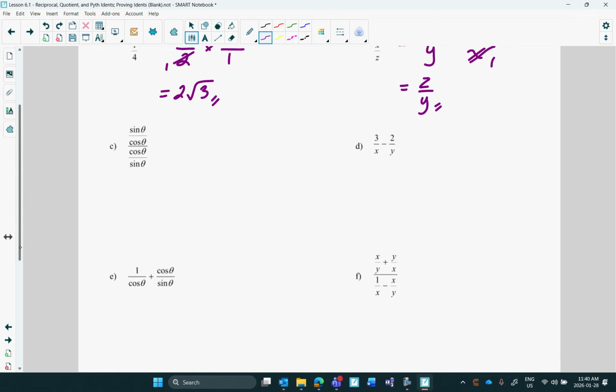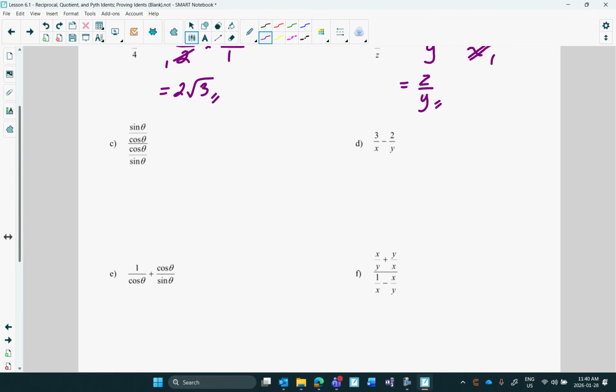Well, let's throw in a couple of trig expressions. The method is still the same. How do you divide two trig fractions? Change it to multiplication. So this would be sine theta over cos theta times sine theta over cos theta. Well, what's sine theta times sine theta?